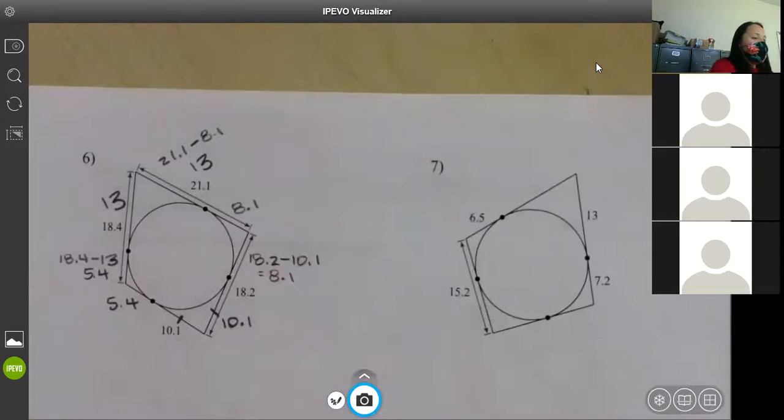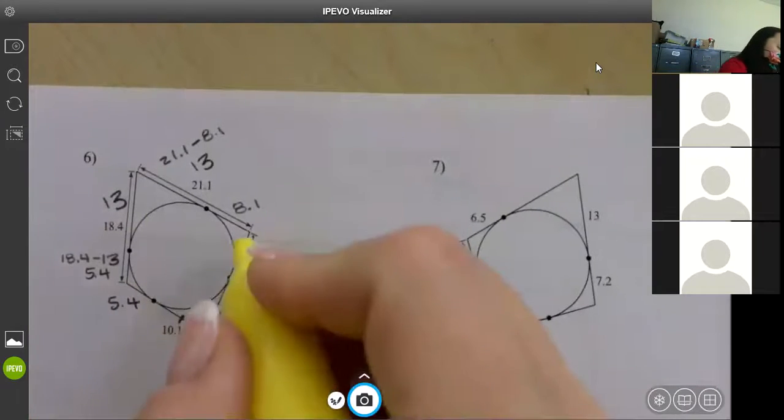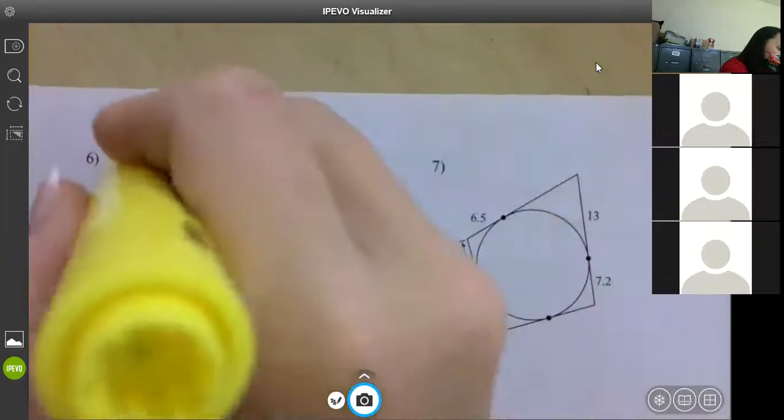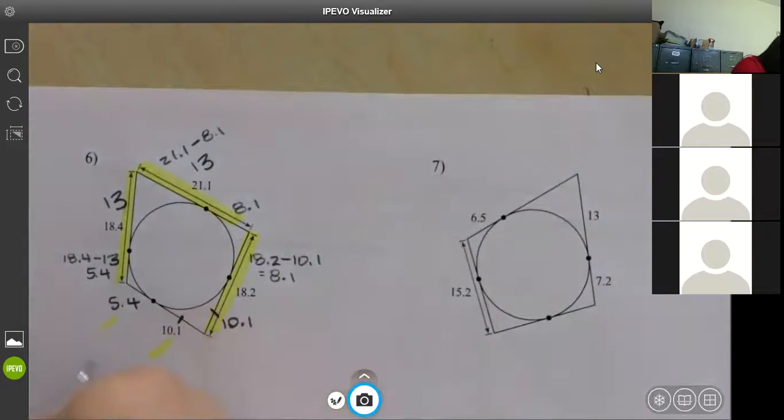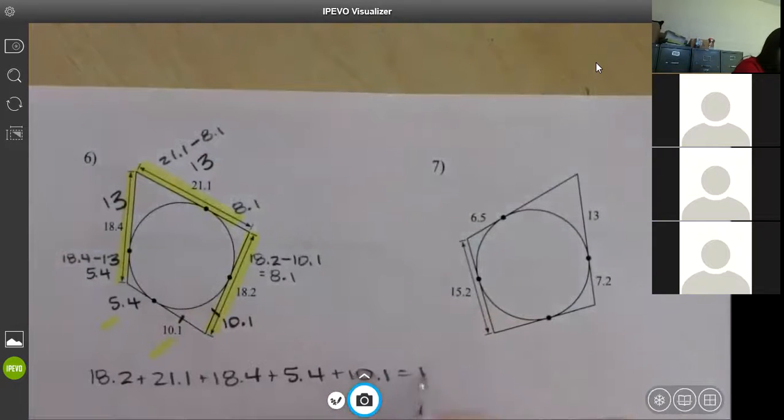And again, you can use the full ones. Like I'm saying, you have the full here, you have the full here, and the full here, and then you have the 2 parts. So you can use whatever you want. I like to use the full part, so it's less that I have to write. So we started with 18.2, 21.1, 18.4, and then we found 5.4 and the 10.1.